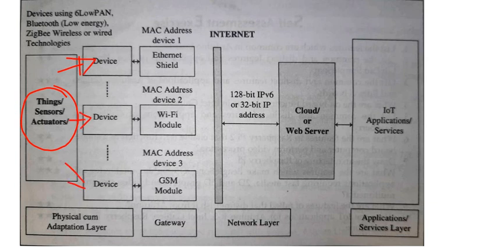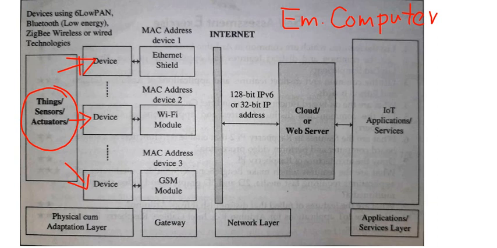When I say device, this device is nothing but your embedded computer. Could it be Arduino? Could it be Raspberry Pi? Could it be Beaglebone or Edison or Galileo? Whatever it is. And when you have a system, it is not necessary that you will have only one embedded computer.